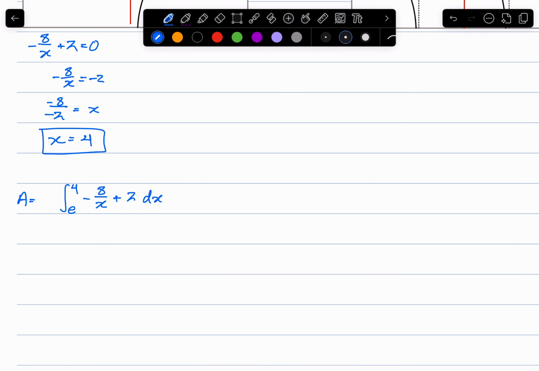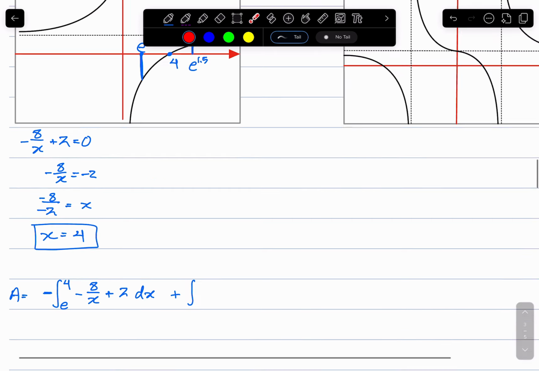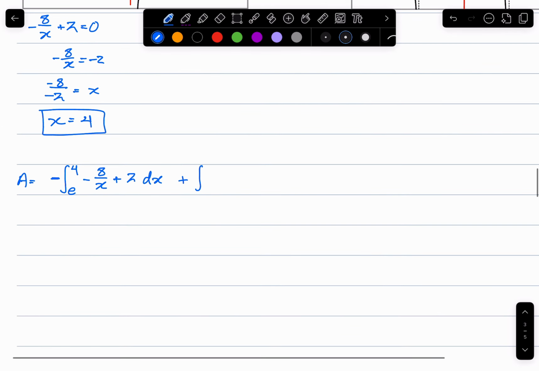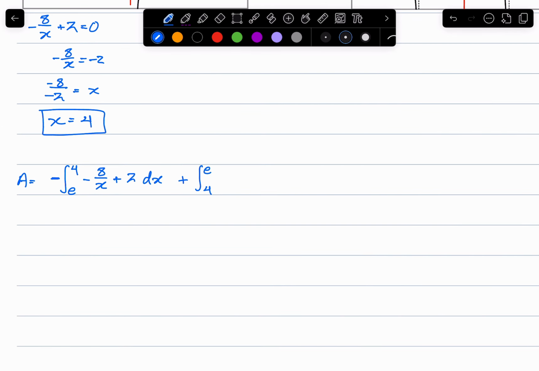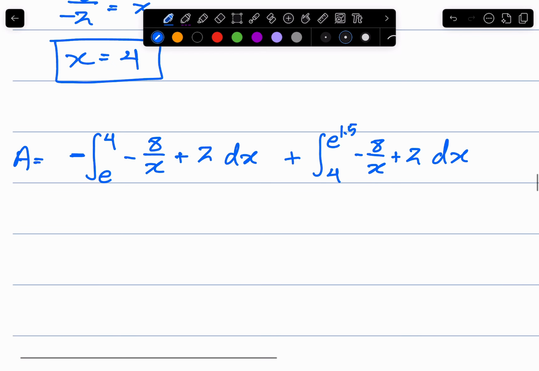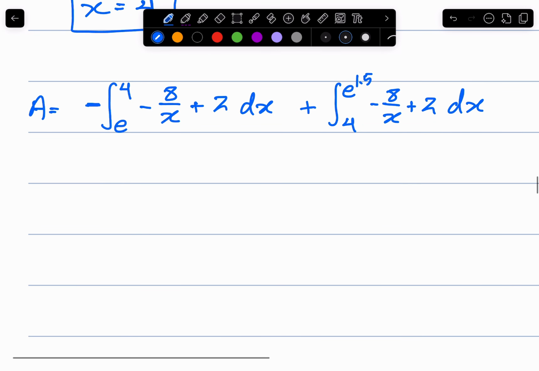By putting a negative in the front, it accounts for that and makes it a positive value. Onto this, we're going to add our next integral from 4 until e to the 1.5 of the same function, negative 8 on x plus 2, dx. So these are the integrals we now have to work with.